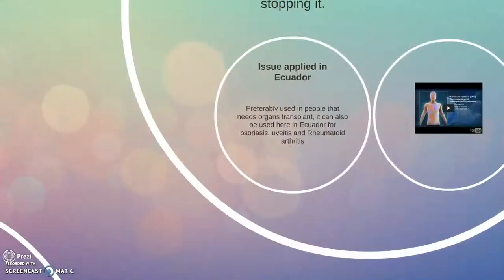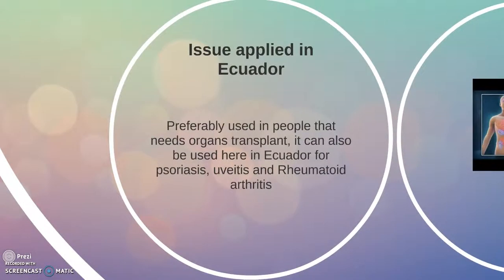Cyclosporine can be used with all of the other medications that are used in myasthenia gravis and remains one of the second-line medications that are often used. It is preferably used in people that need organ transplant. It can also be used for psoriasis, uveitis, and rheumatoid arthritis.